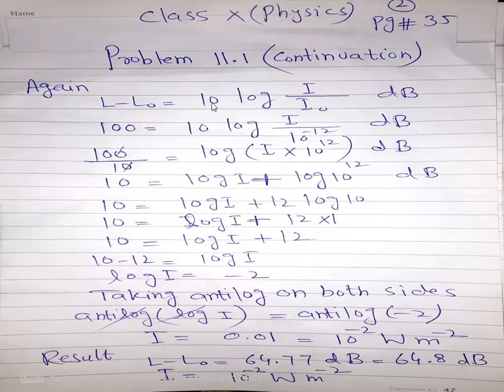I will use the same formula, L minus L naught equals 10 log I over I naught. In this case, I will put L minus L naught as 100, then 10 log I, which we need to find out, and you know the threshold intensity is 10 to the power minus 12.